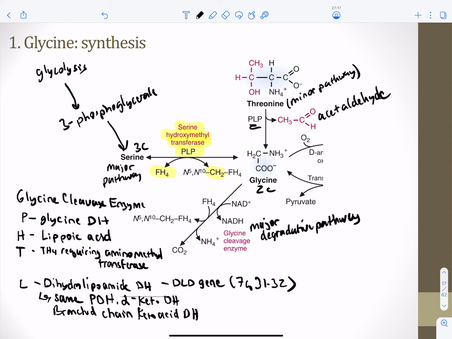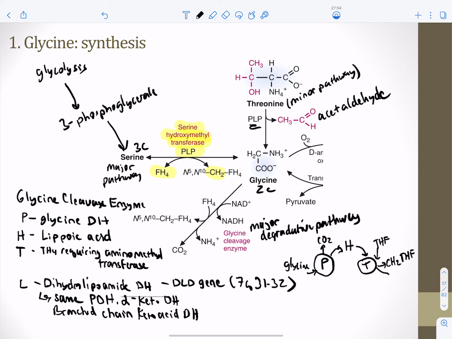All right, so basically what this does is you have your P subunit, which is where glycine will enter. From your P subunit, you're going to release one of the carbon dioxides, and this is going to be transferred to the H, lipoic acid. This will then go to the T subunit, and this is where you have your tetrahydrofolate come in. Then you're going to get your carbon released onto your tetrahydrofolate.